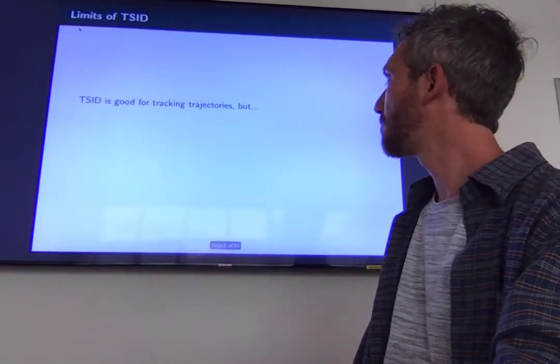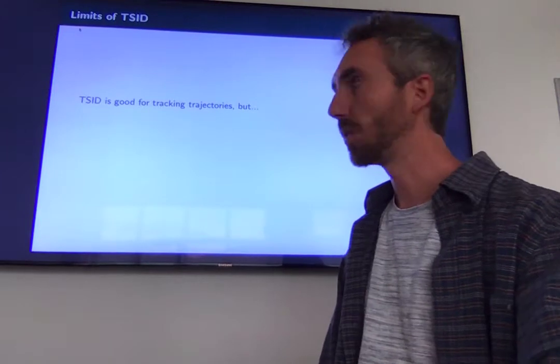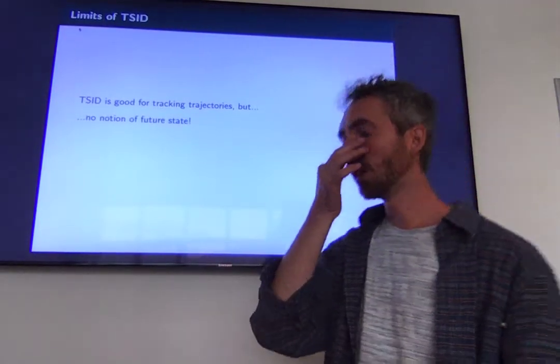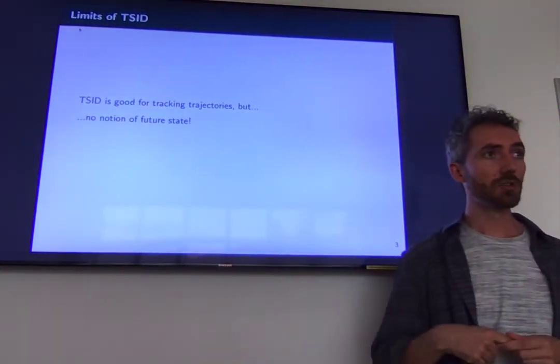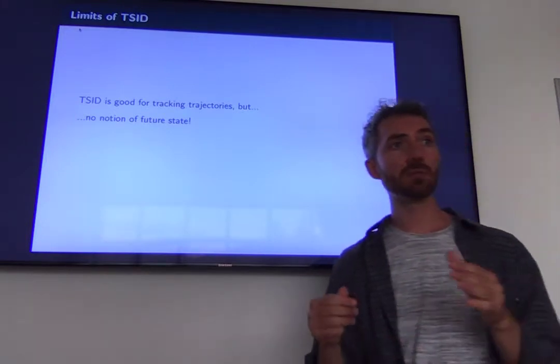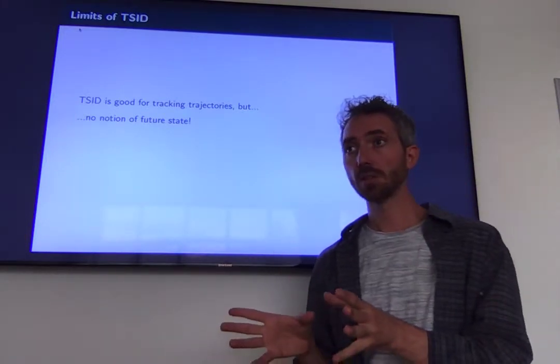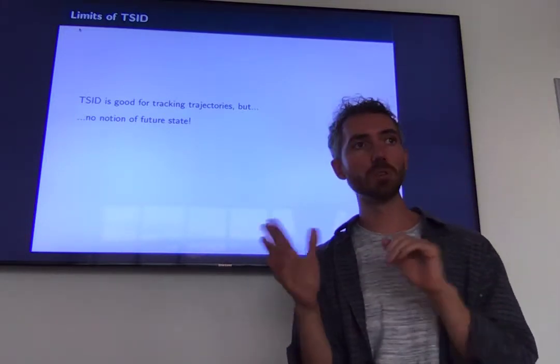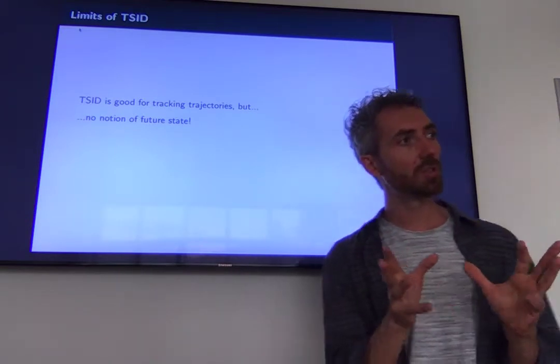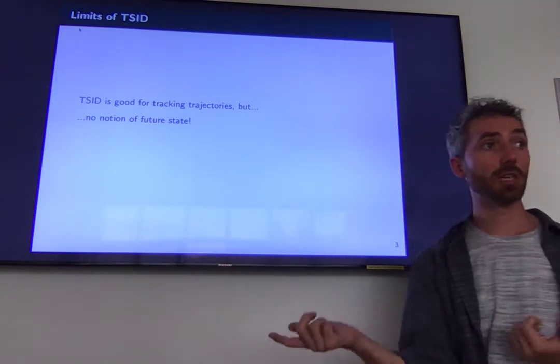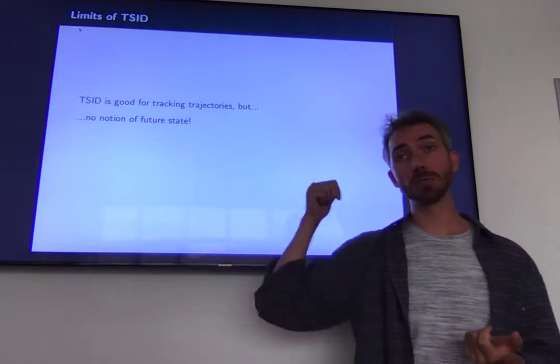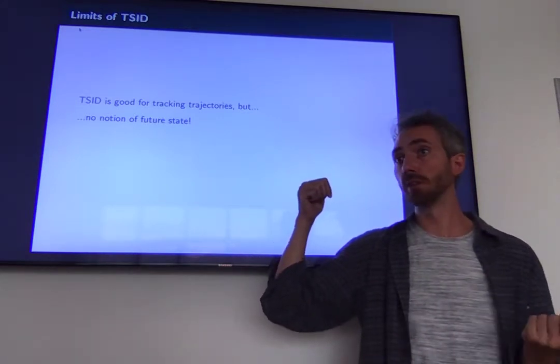So let's start by talking a bit about the limitation of reactive control. Reactive control is very good if you have a reference trajectory that you know is feasible or almost feasible for the system, and you want to track it, such as what we did so far in class.